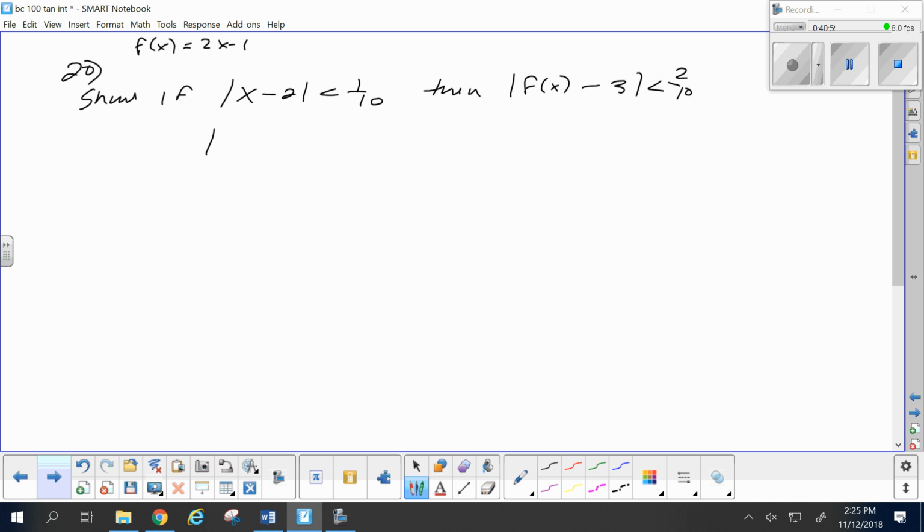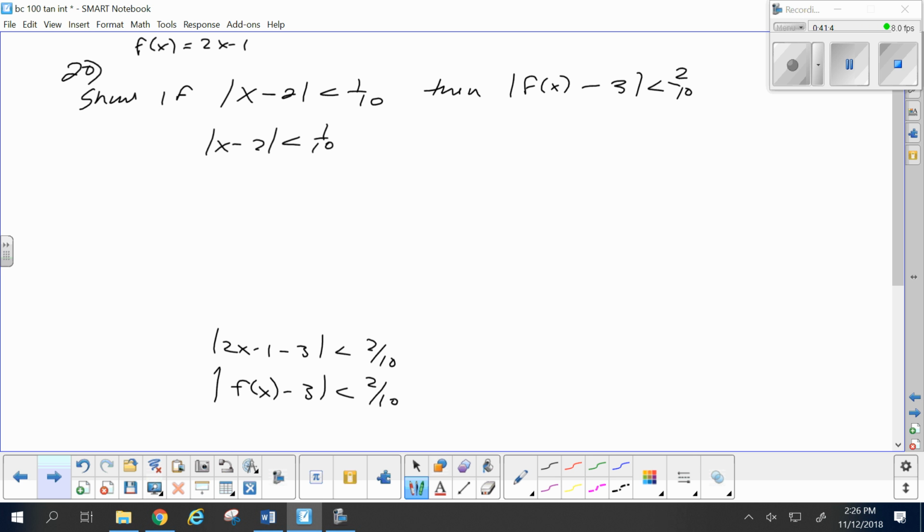Okay, you start with x minus 2 is less than a tenth, and you play with it, do a little math thing to each side, keeping the equation balanced until you get to f of x minus 3 is less than 2/10. So I want to take that and take it to here, which the step before that would be something like this. So I really want to take that to there, and I'm home free, yes? Because if I can get it to 2x minus 1 minus 3, I can replace 2x minus 1 with f of x, and boom, we're good.